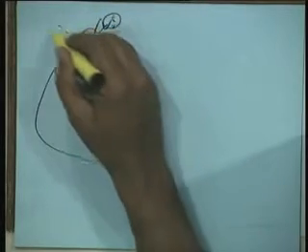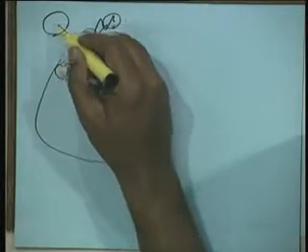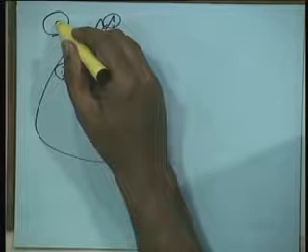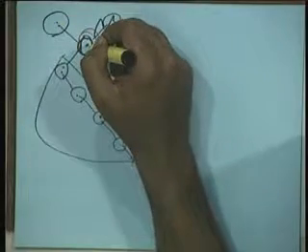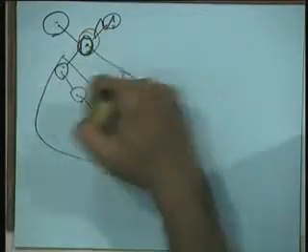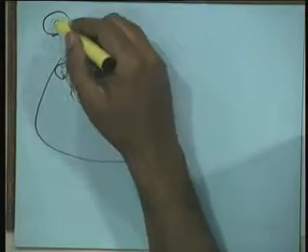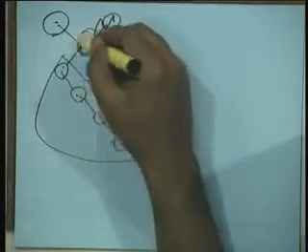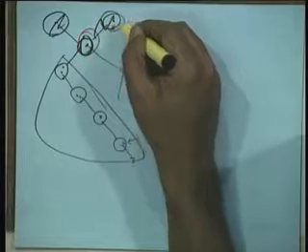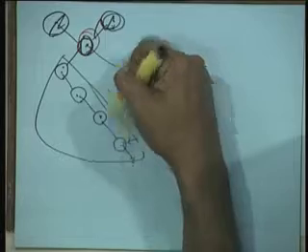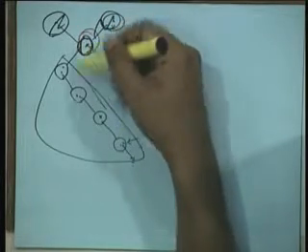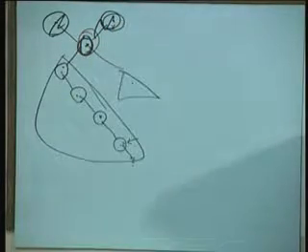Sorry, reverse: this ancestor would be less than this, and it would be less than the entire thing. So I was wrong. So this ancestor is less than the entire thing, so it's not really a successor. But this ancestor is greater than this entire thing, but it is also greater than this. So this is the only successor. So it was a bit of a confusion, but you understand what the arguments are.